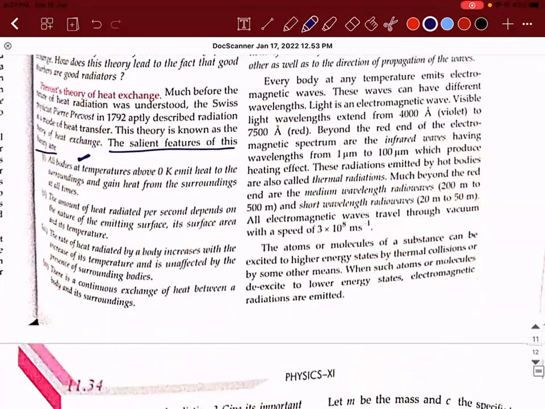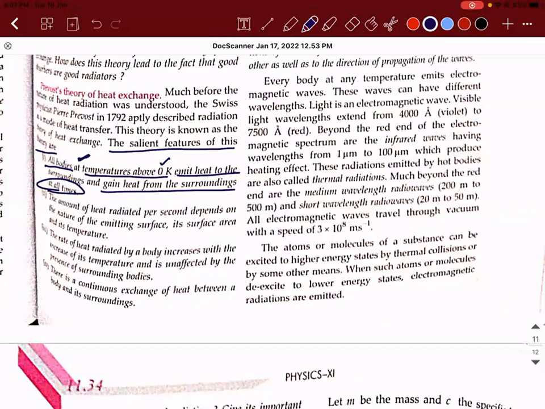What he is trying to say is that all bodies at temperatures above 0 Kelvin emit heat to the surroundings and gain heat from the surroundings at all times. So this is a process where the exchange of heat takes place. If there is any object above 0 Kelvin, then there is going to be an exchange of heat.